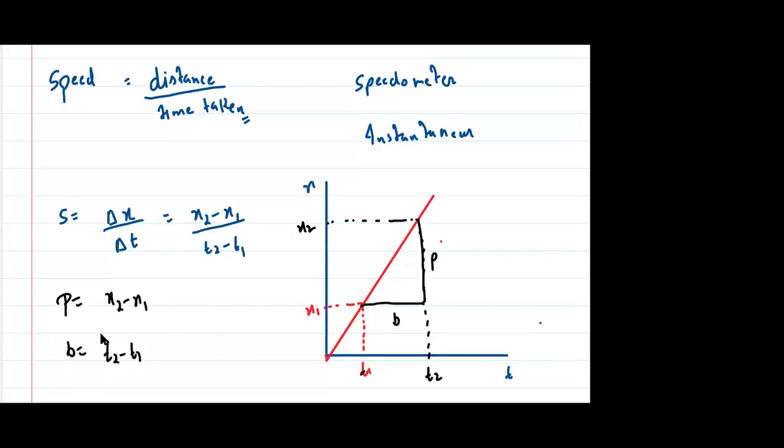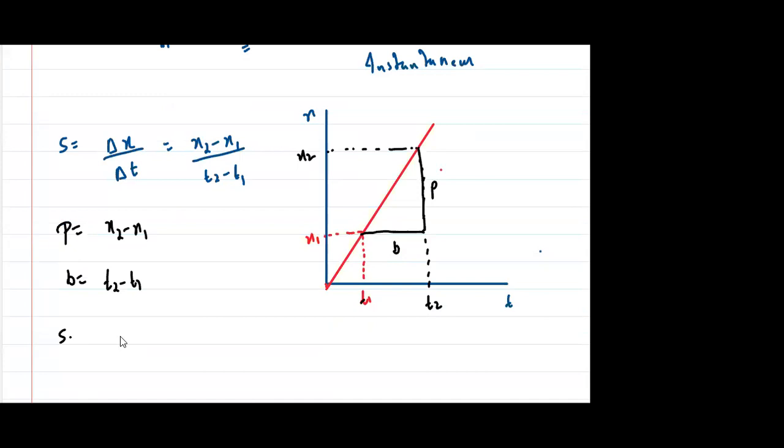So can I say speed is basically perpendicular by base? Speed is nothing but perpendicular by base, which is basically x2 minus x1 by t2 minus t1. Is this understandable? Okay, very good. So I can say this is called your slope.